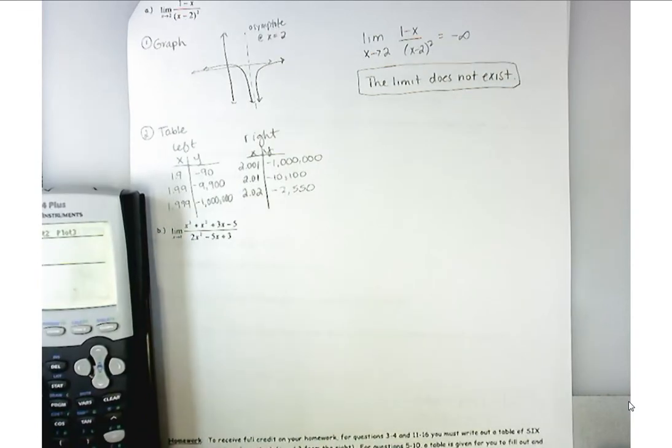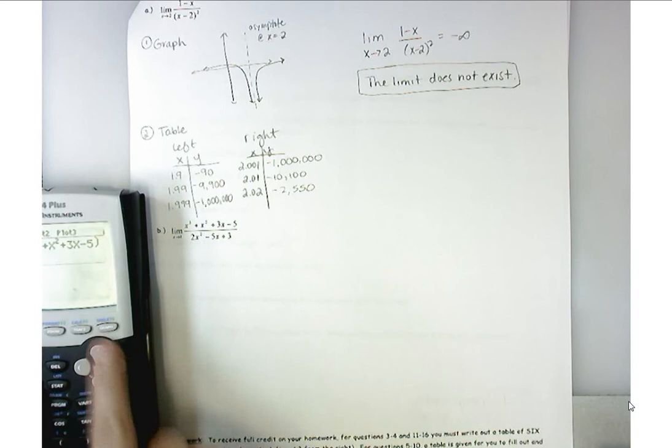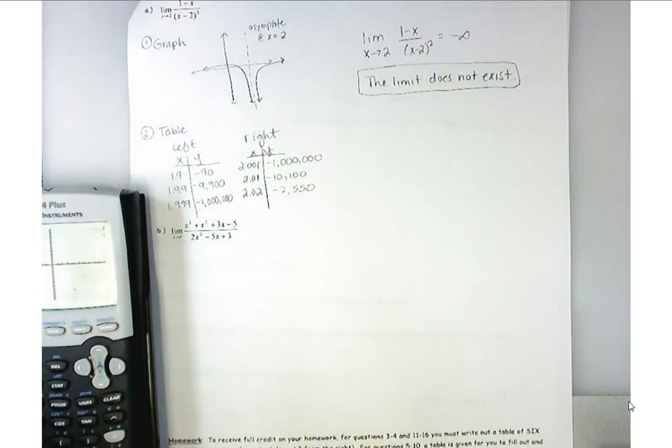Okay, so we have x cubed plus x squared plus 3x minus 5, divided by 2x squared minus 5x plus 3. And then we're going to take a look at our graph.